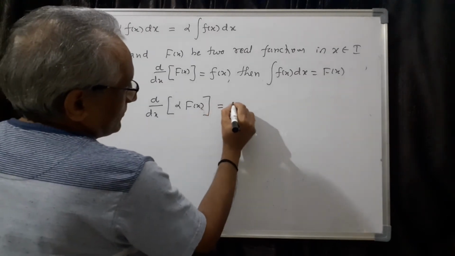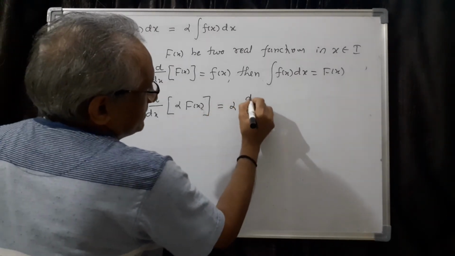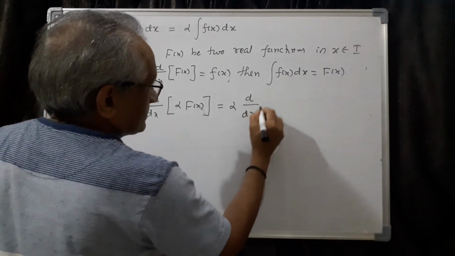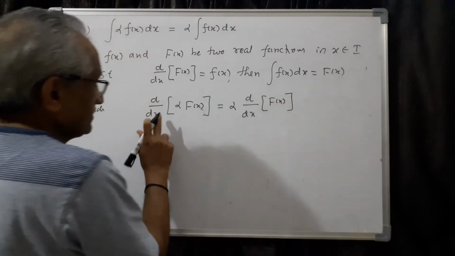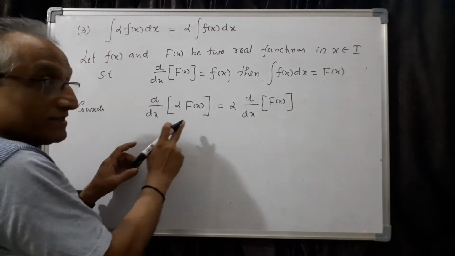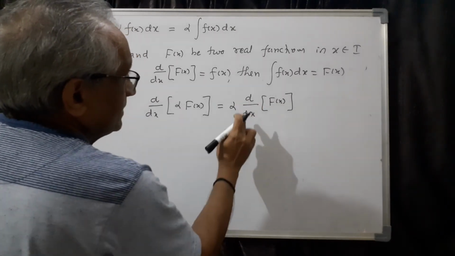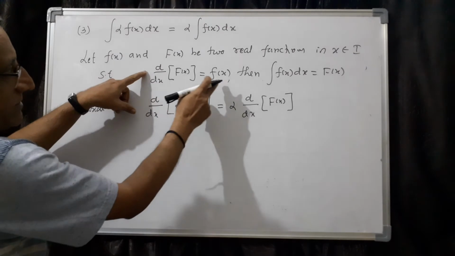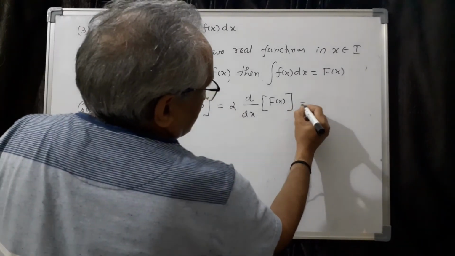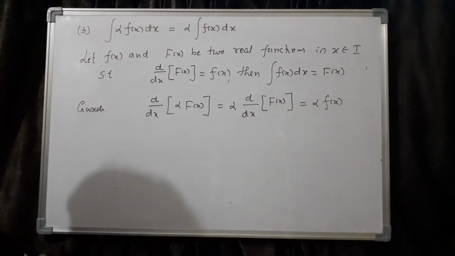This will be equal to alpha times d by dx of capital F of x, because we know the property of differentiation, taking the constant outside. But what is d by dx of capital F of x? It is small f of x. So this is alpha times small f of x by definition.